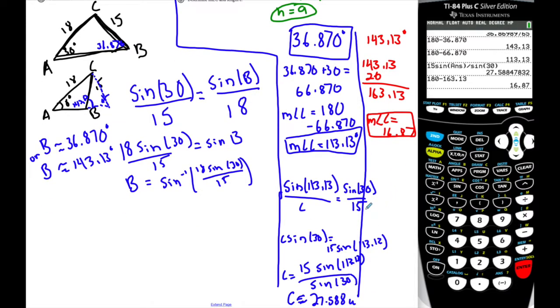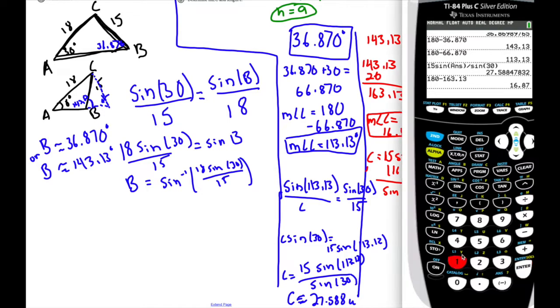Now to find out c, I'm going to do the same thing, except I already know the formula, since I'm just going to manipulate this. So c has to equal 15, because I would just be setting up this ratio again, 15 times the sine of 16.87 all over the sine of 30.